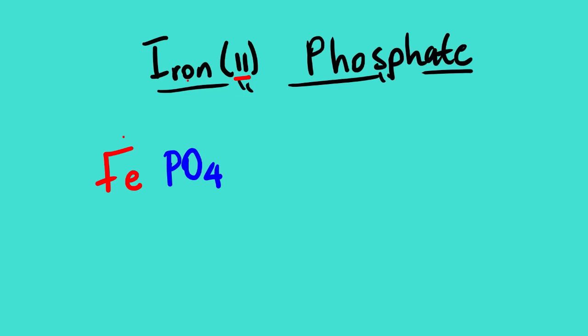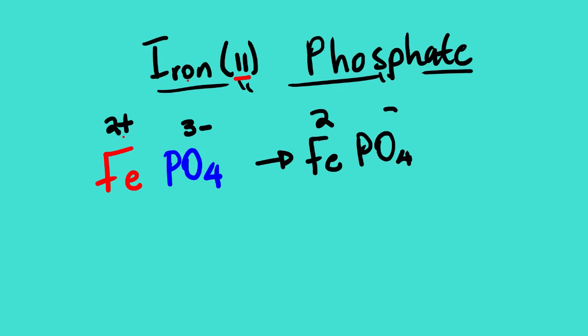Then we look at the charges, we have 2+. Then you should know that the oxidation number of this polyatomic ion is always 3-. Now we said we don't omit the signs. Then when you cross multiply, we're going to have 3 multiplied by 1 here since we don't see any number.